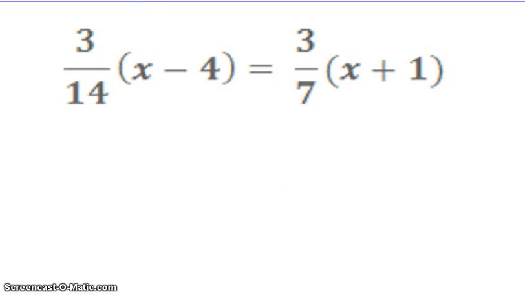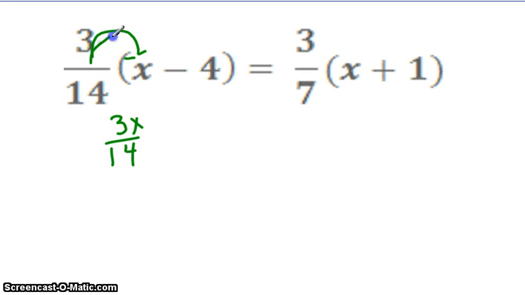In my next example, I have some fractions, and I also have grouping symbols. So if I have fractions and grouping symbols, I tend to switch step 2 and step 1. So I'm actually going to distribute first, and then I'm going to clear my fractions. So I'm going to multiply 3/14 times 1x, and I'm going to get 3x over 14.